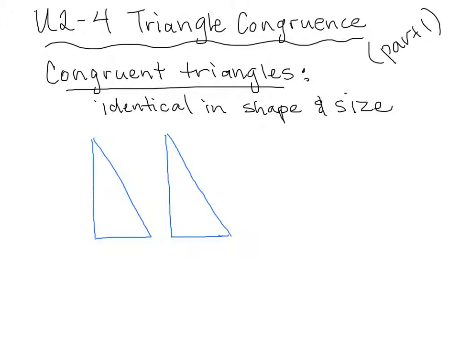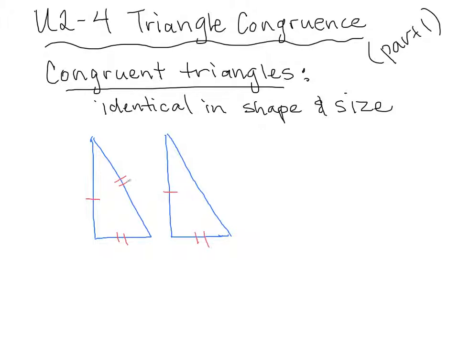We know that each triangle has 3 sides and 3 angles, so 6 total pieces. And we could label them like this. This side is congruent to this side. This bottom side is congruent to this bottom side.